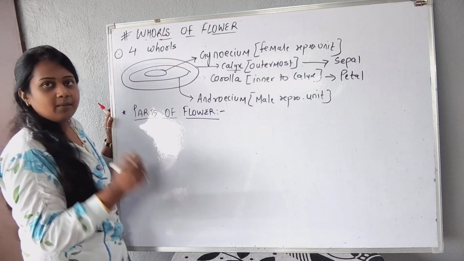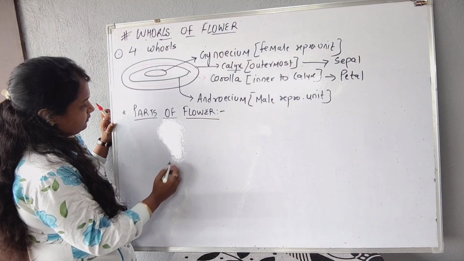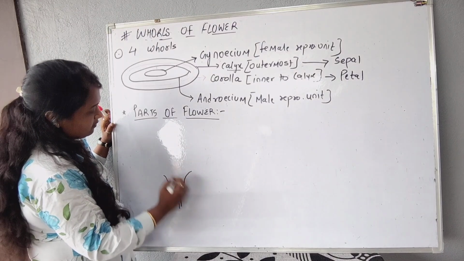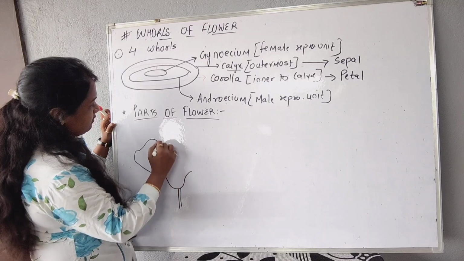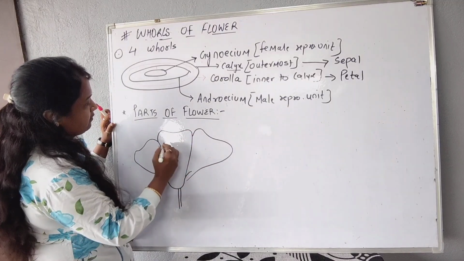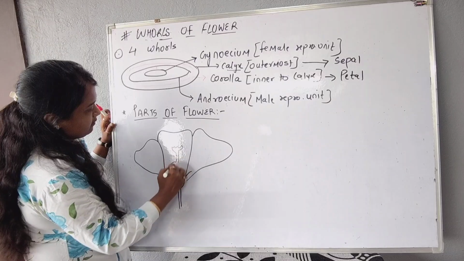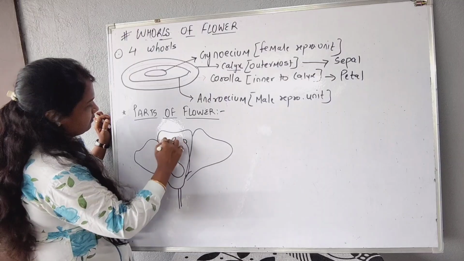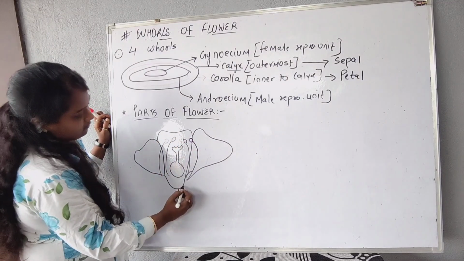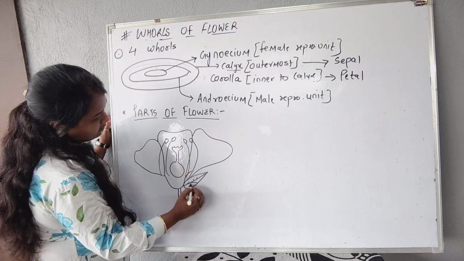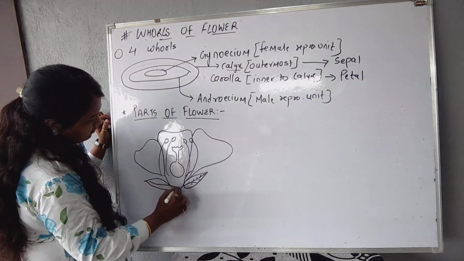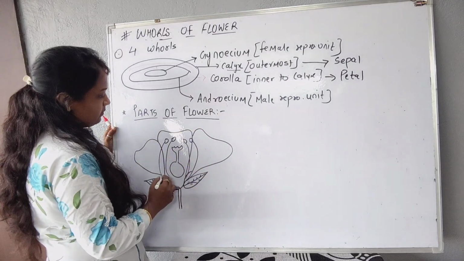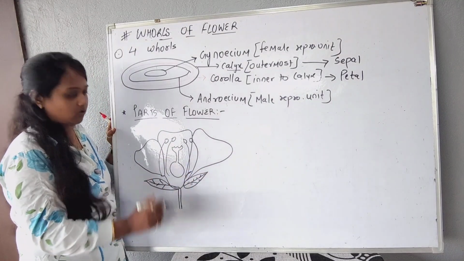Okay, let's draw the parts of the flower. Talking about the various parts of the flower, we'll draw the stalk.